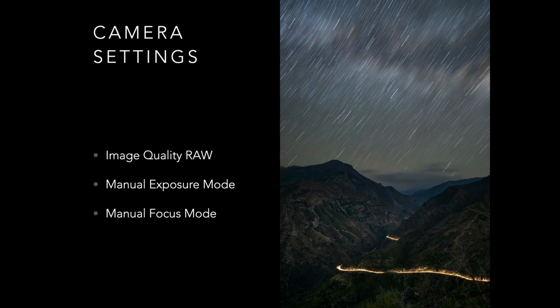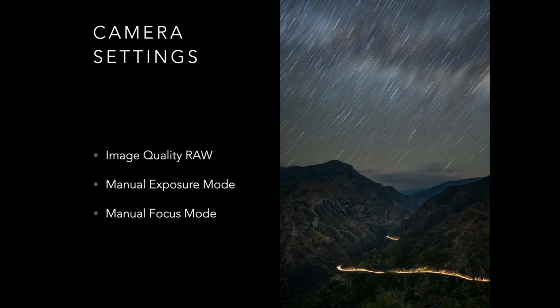Also, along the same lines, you want to be shooting manually, and that includes both exposure and focus. I shoot manual in general anyway, day or night, but there's a lot of arguments to be made for shooting aperture priority in daylight. I just don't happen to do it. But there's really no argument to be made for shooting aperture priority at night.